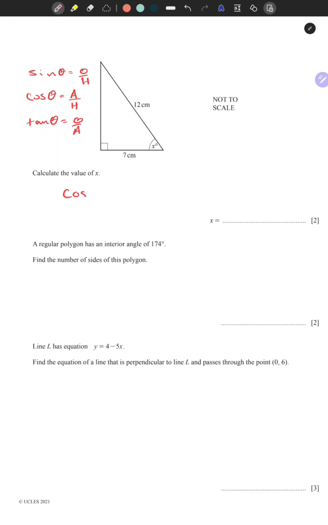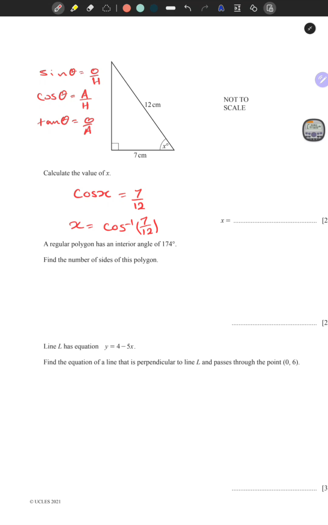So cosine x equals adjacent over hypotenuse, which is 7 over 12. So x equals cosine inverse 7 over 12. So here's the calculator.